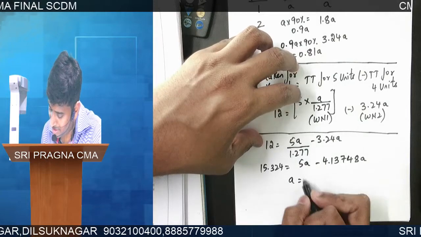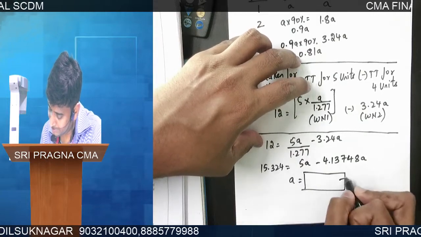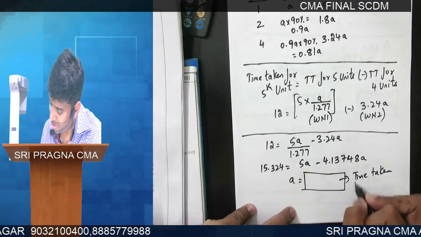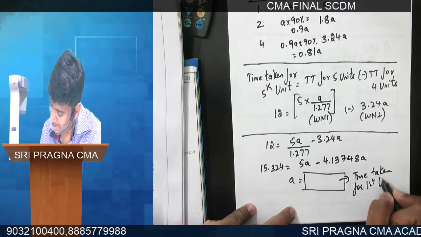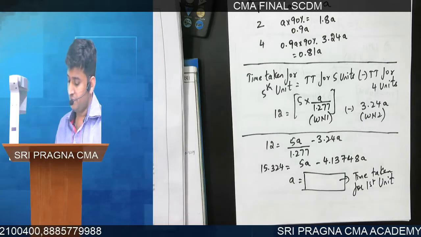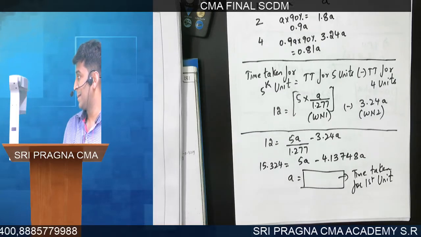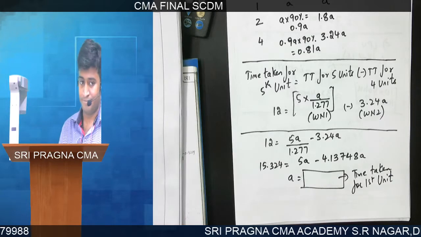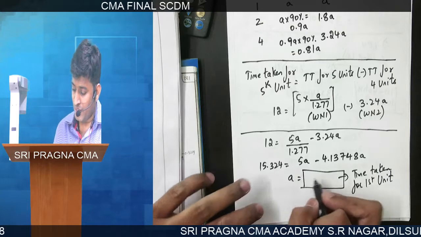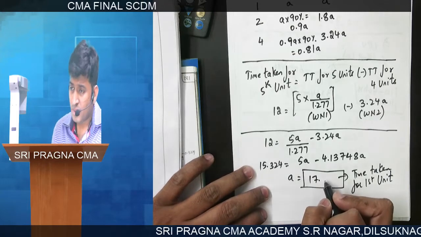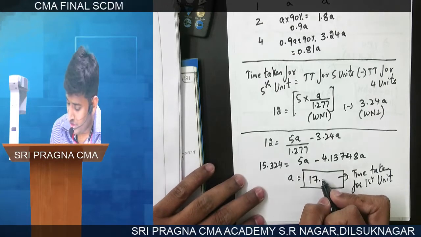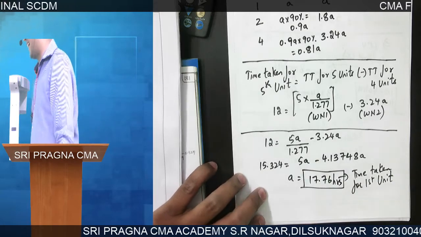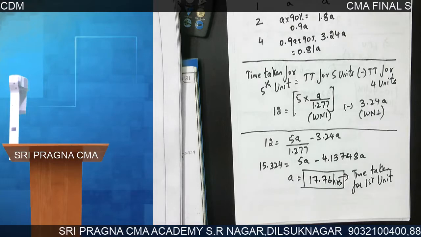Tell me a, that's all. Time taken for first unit: 17.76 hours, or whatever comes. That's the time taken for first unit.